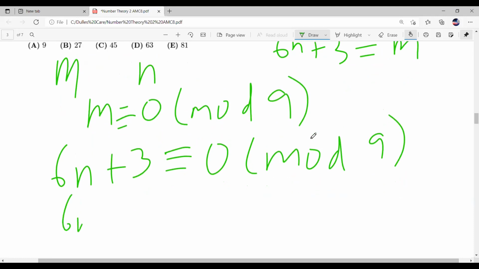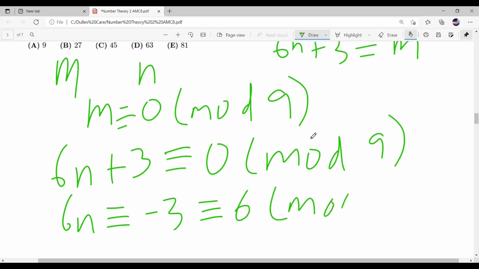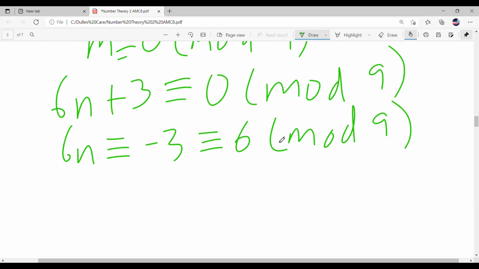We get 6N is equivalent to negative 3, which is equivalent to 6 mod 9. So 6N is equivalent to 6 mod 9. So let's divide both sides by 6. So N is equivalent to 1 mod 9. So what does this tell us?